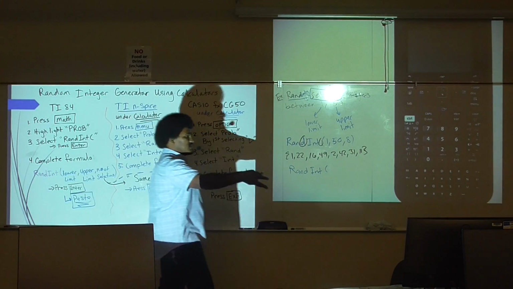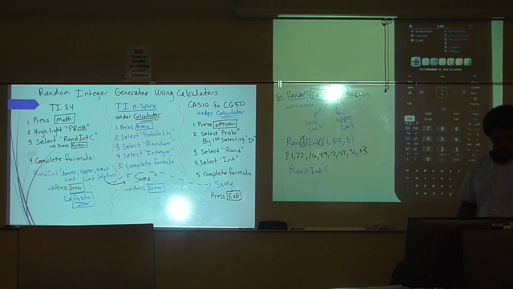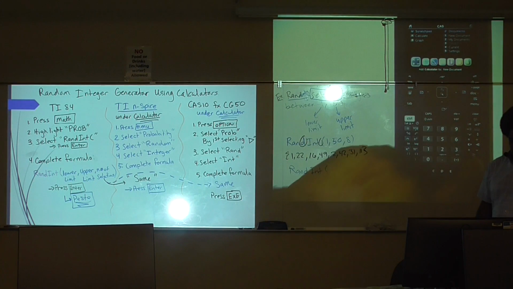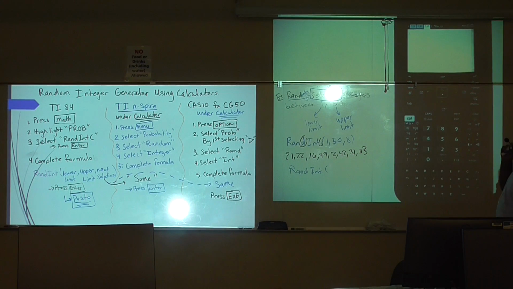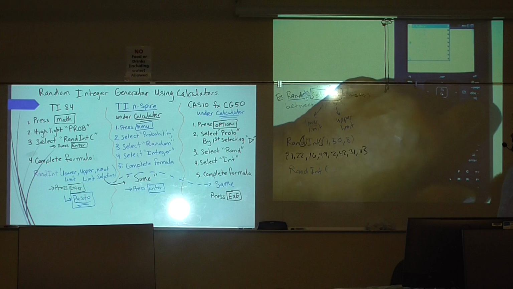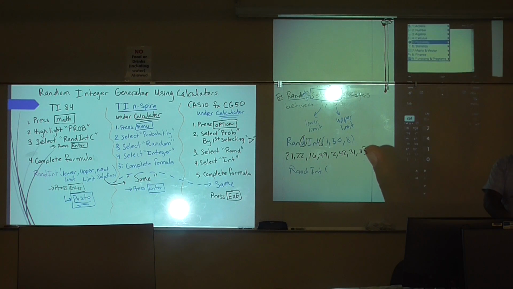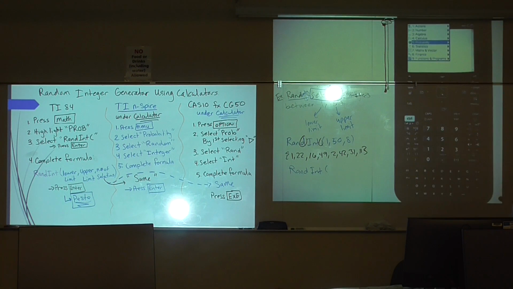So let's go ahead and show how it's happening on the calculator so we can see it firsthand. Once again, turn it back on, enter the calculator. Coming over here, what we're doing is going to menu. I have to keep moving the hand back and forth because of what's happening. On the menu, from here, I'm going to go to probability.